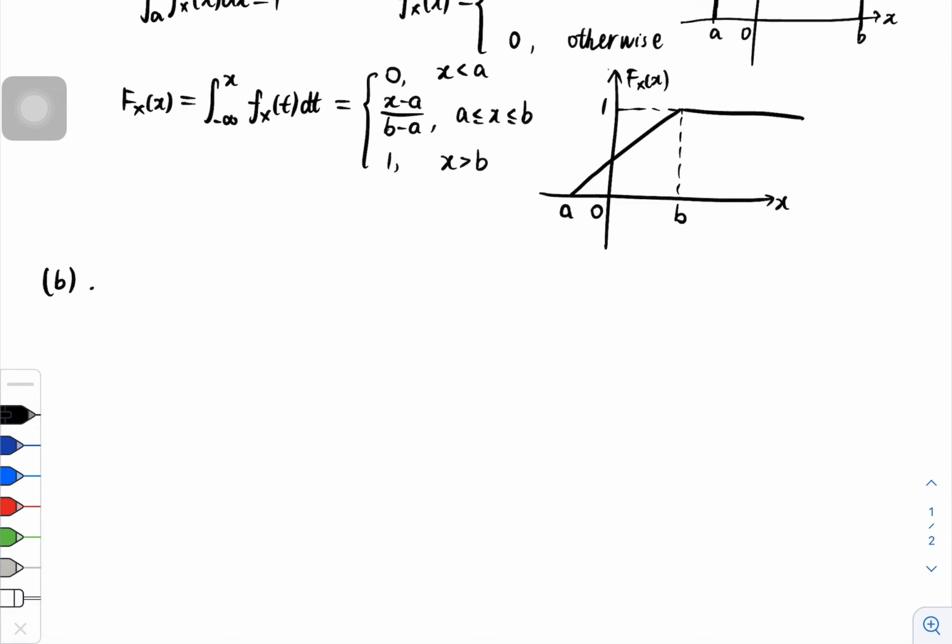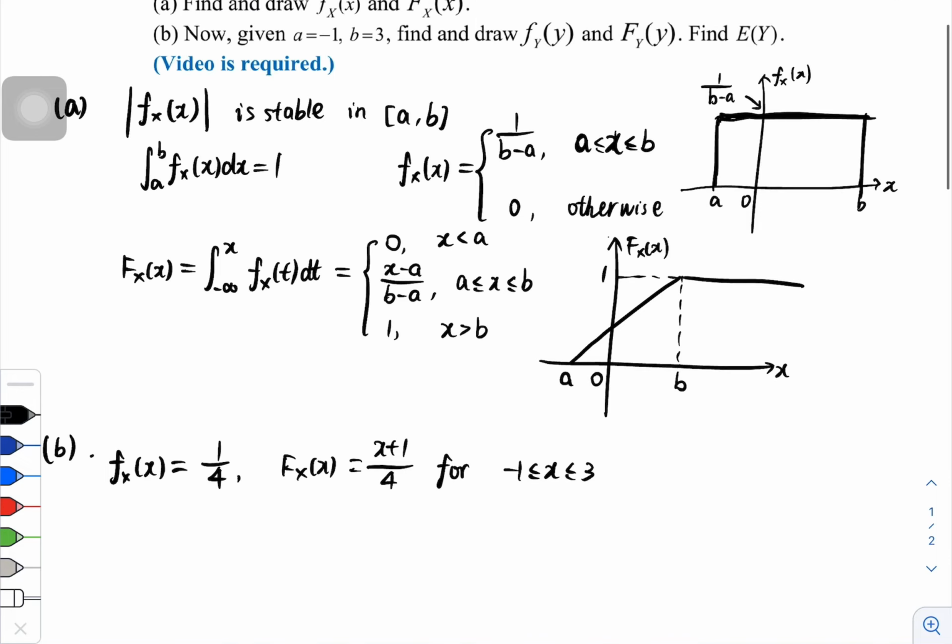When a equals -1, b equals 3, we can just use the figure of question A to think about this situation.